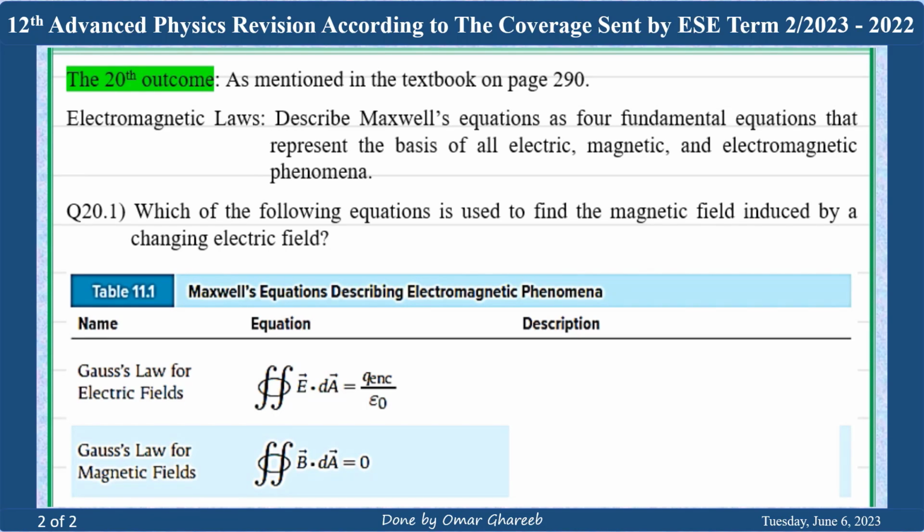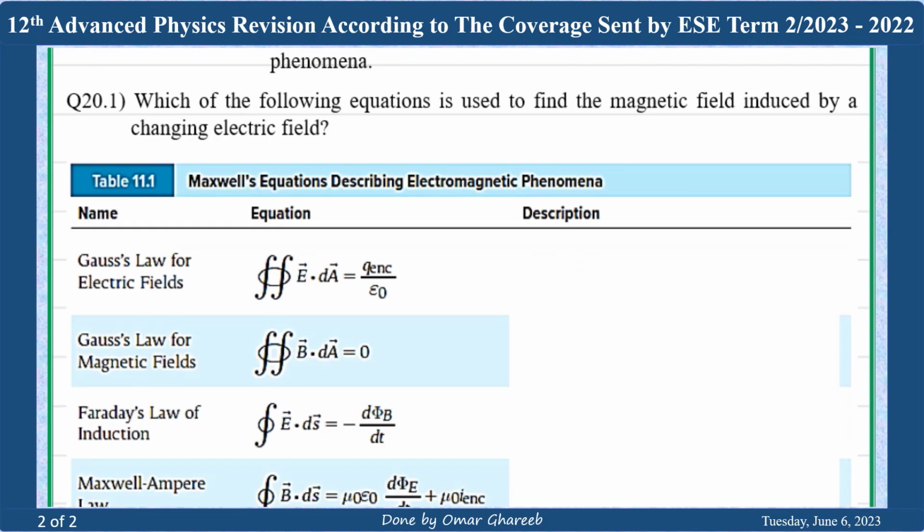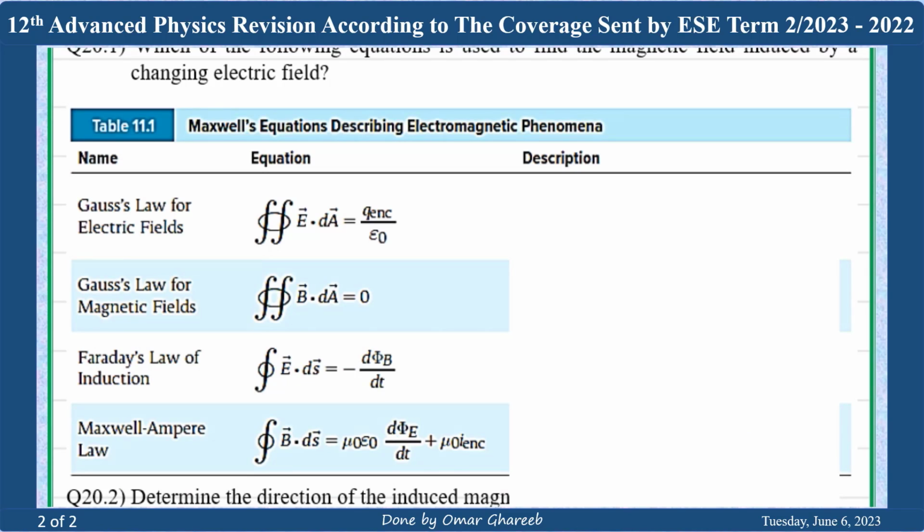Here we have a question: which of the following equations is used to find the magnetic field induced by a changing electric field? You must memorize this equation, and I think the question will offer the equations and you will pick one of them.